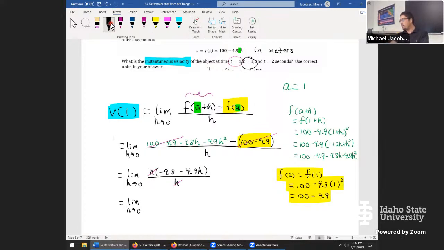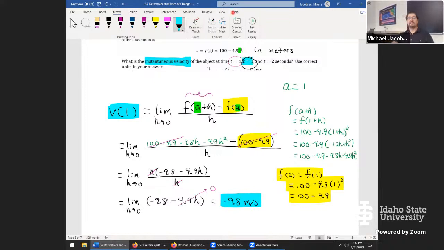Limit as h goes to 0 of negative 9.8 minus 4.9h. In the limit where we can now use direct substitution, that converges to 0, and we get an overall answer of negative 9.8 meters per second for the equation of motion. So that's finally our instantaneous velocity at exactly time equals 1 right there.